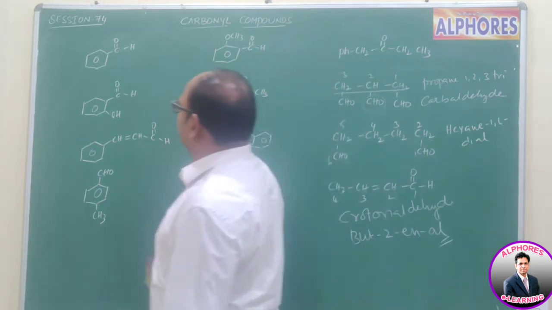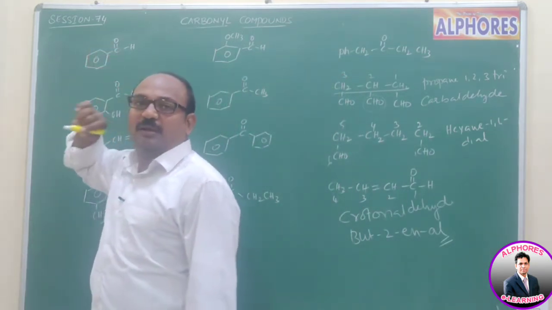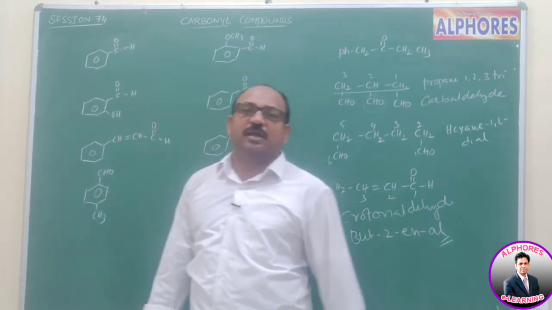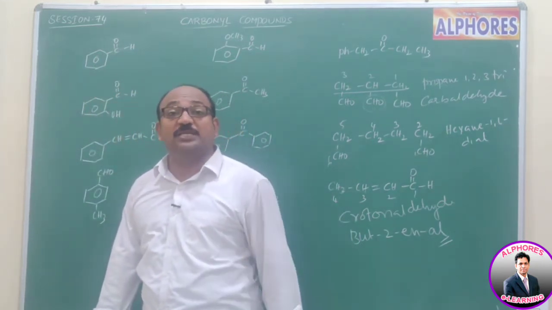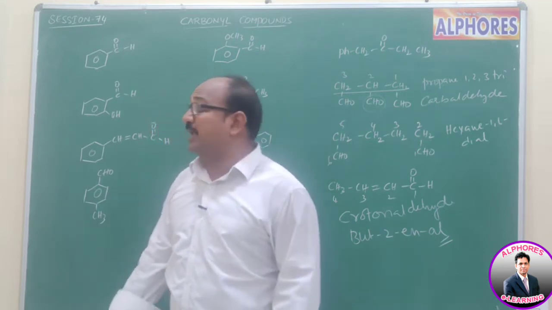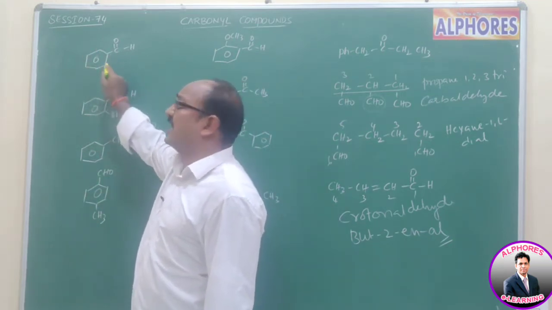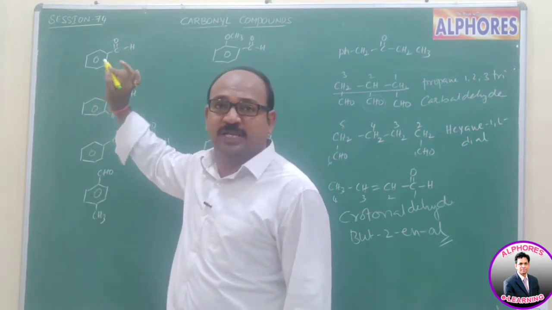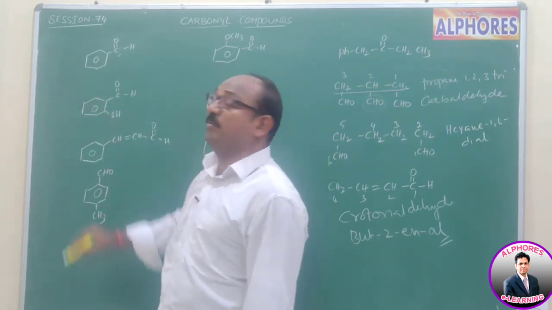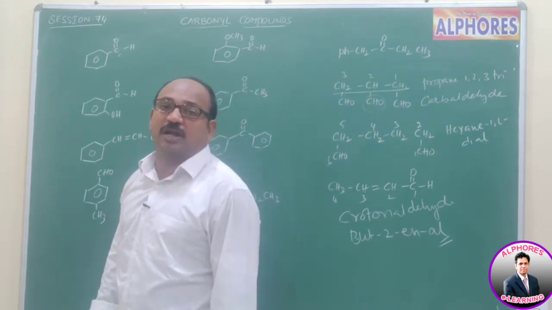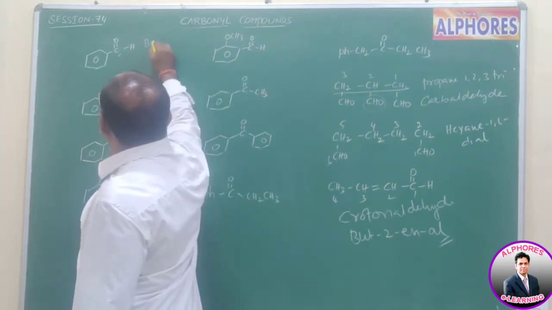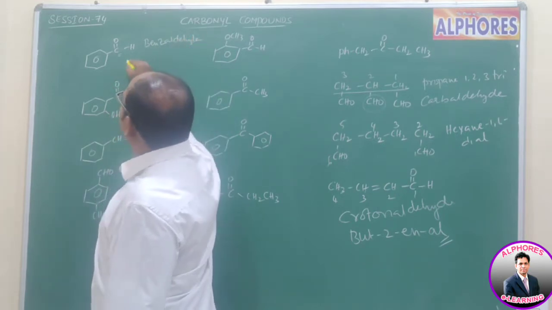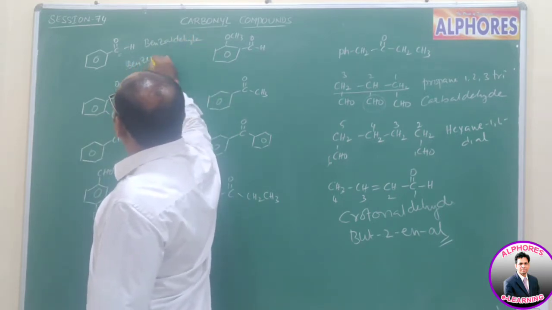Now let us see here. This one is a benzene. In aromatic aldehydes, benzene is there. In benzene, all 6 carbon atoms are involved in the benzene ring, but this carbon is not involved in the ring. So in general we call this one benzaldehyde. The IUPAC name is benzene carbaldehyde.